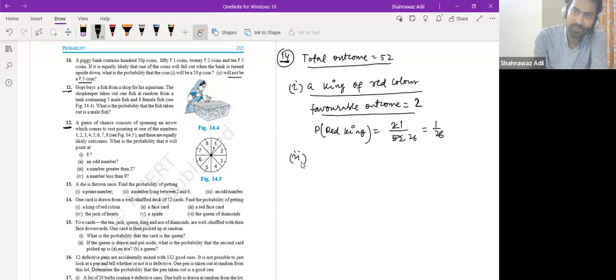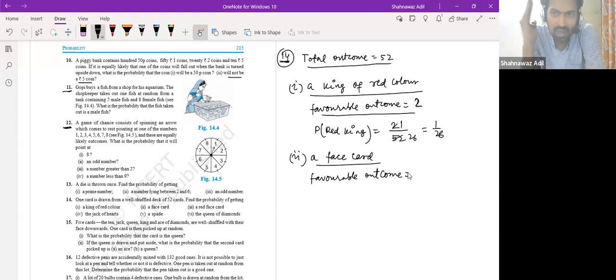Everybody clear? Yes, sir. Okay. Next, a face card. How many face cards are there? 12, right? 3 face cards in one set, and we have 4 sets, so 3 into 4, which is 12.